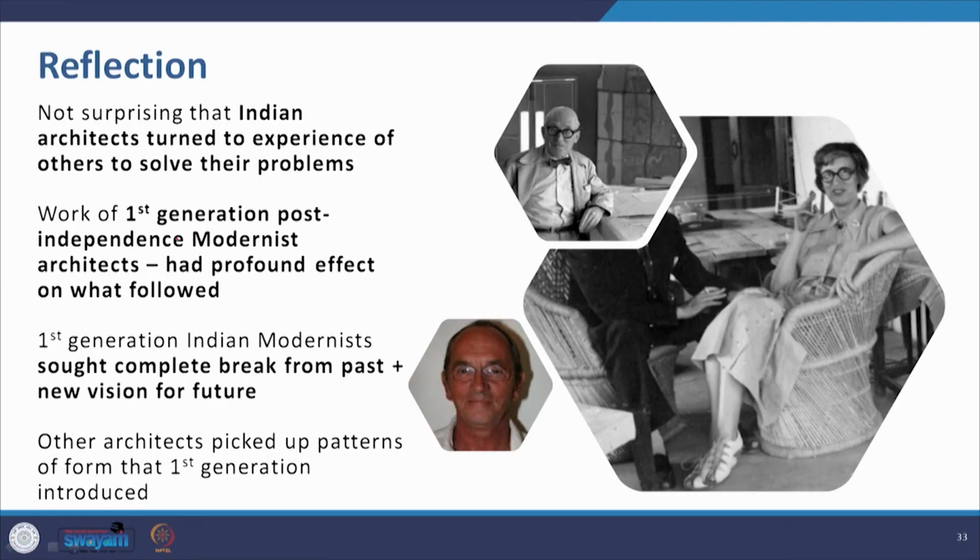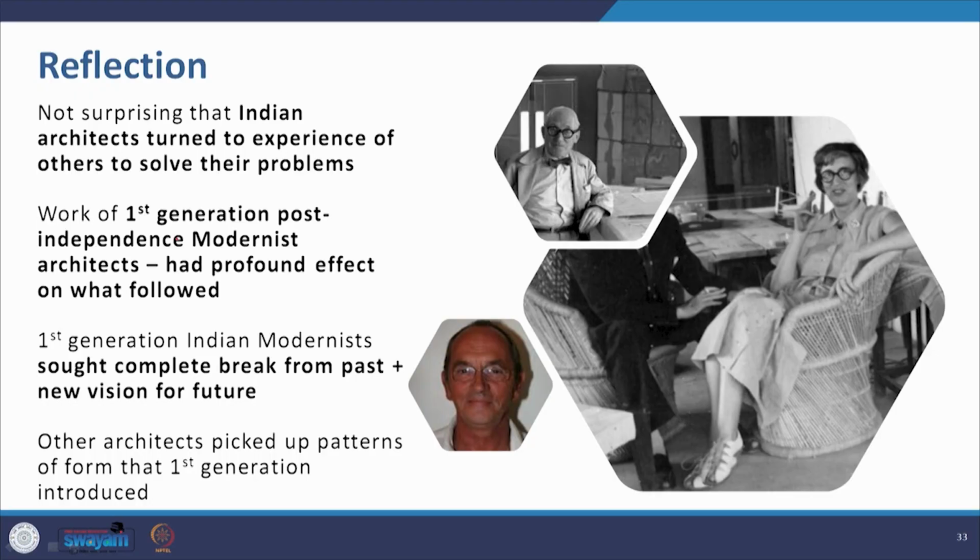The work of the first generation post-independence modernist architects had a profound effect on the architecture that would follow. In India, the first generation Indian modernists sought to completely break away from the past and have a completely new vision for the future, and other architects picked up these patterns of form that the first generation architects had introduced.